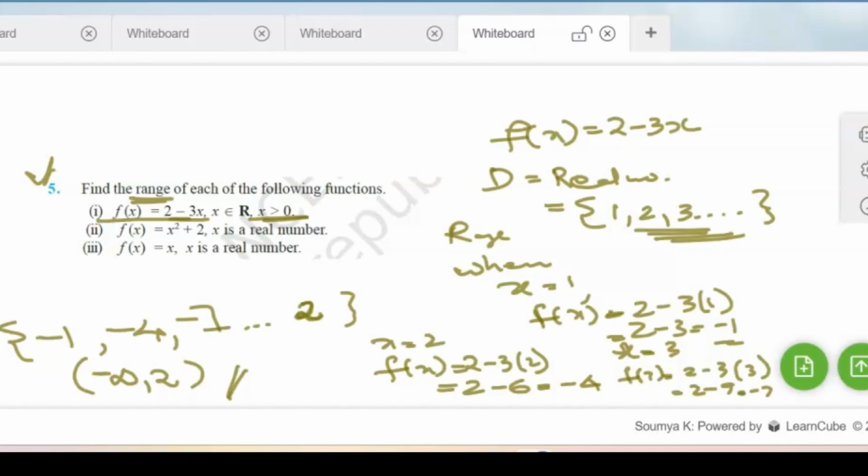So find out the values of negative values, range of negative values, then the positive values, and also 0. Why we are doing that is because x is a real number. Okay, all values are included.